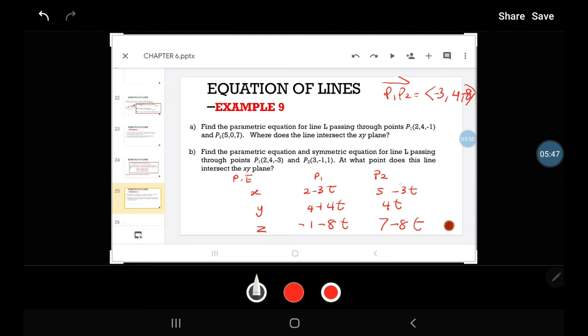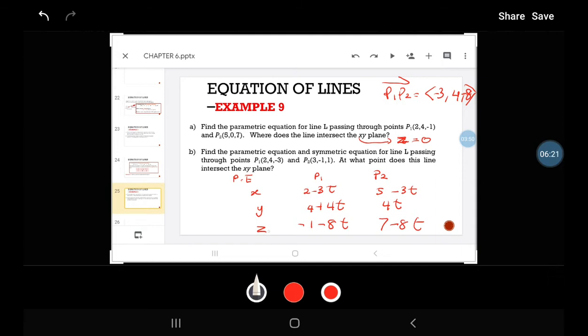The next step is to find where the line intersects the xy plane. What does it mean to intersect the xy plane? When the line intersects the xy plane, z is 0.